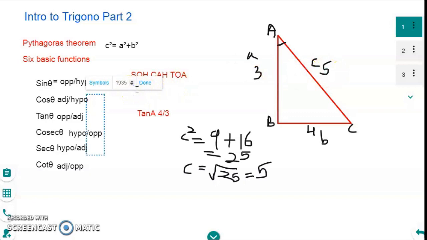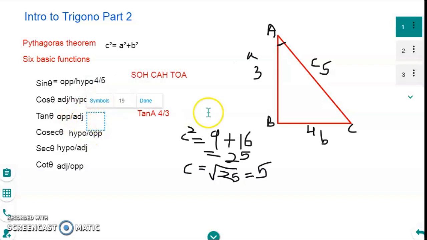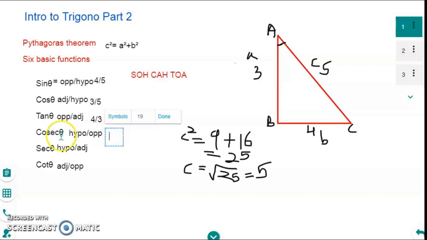What should be tan? Tan should be opposite over adjacent, so it's 4 over 3, which they have already given us in the problem, but just to fill these blanks, that's what it is. What is cosecant or cosec?